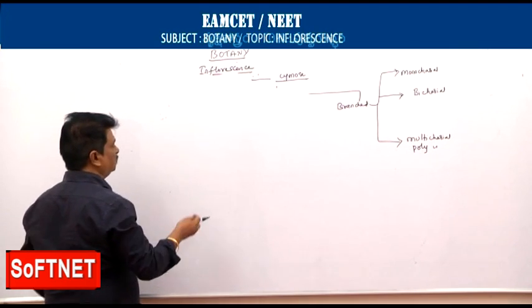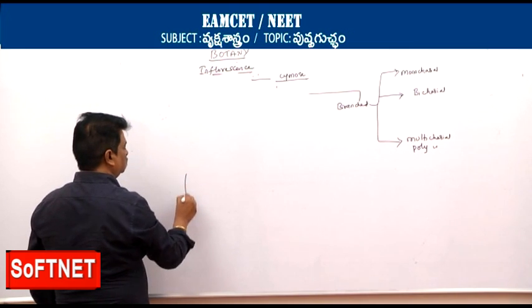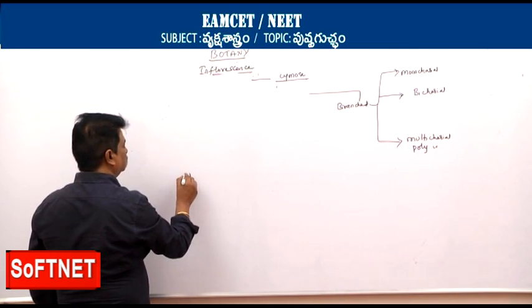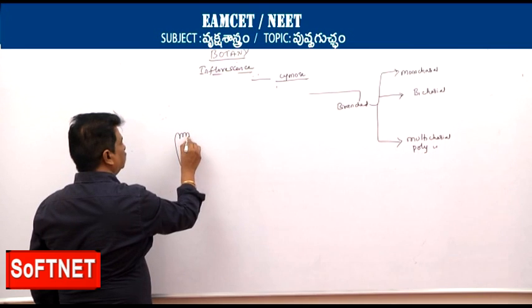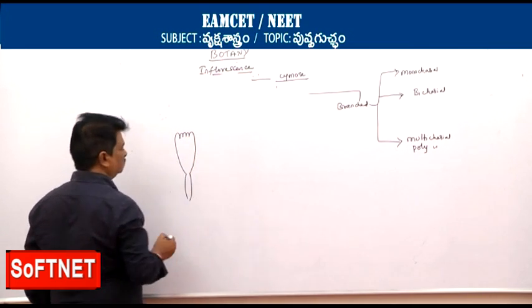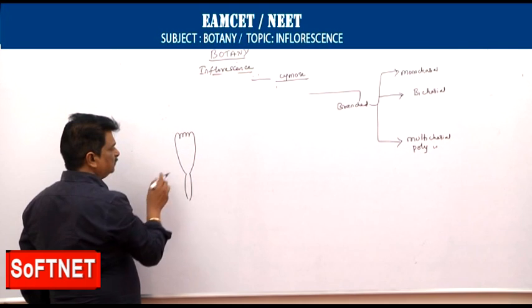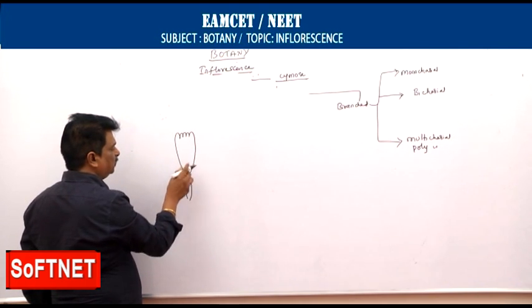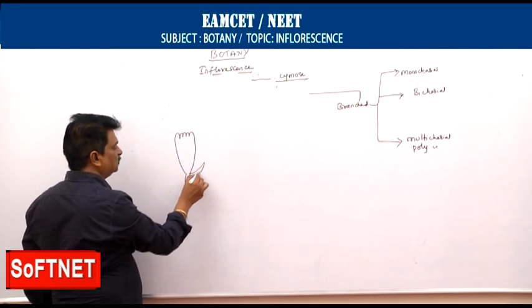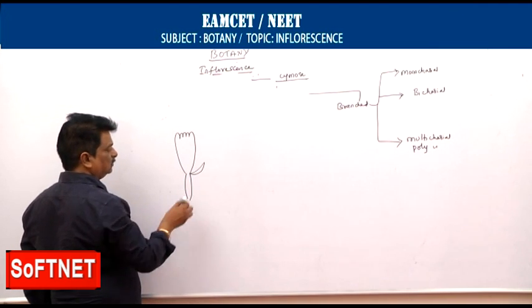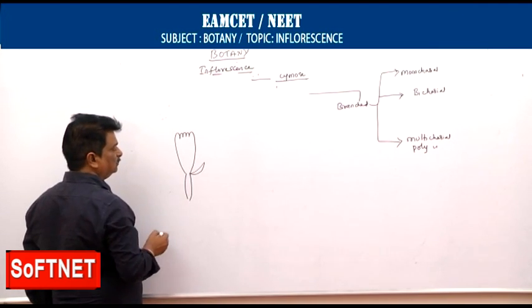So in monochasial, first apical bud modified into flower. So apical bud modified into flower means apical bud growth is arrested. Then below the flower, bract is formed.